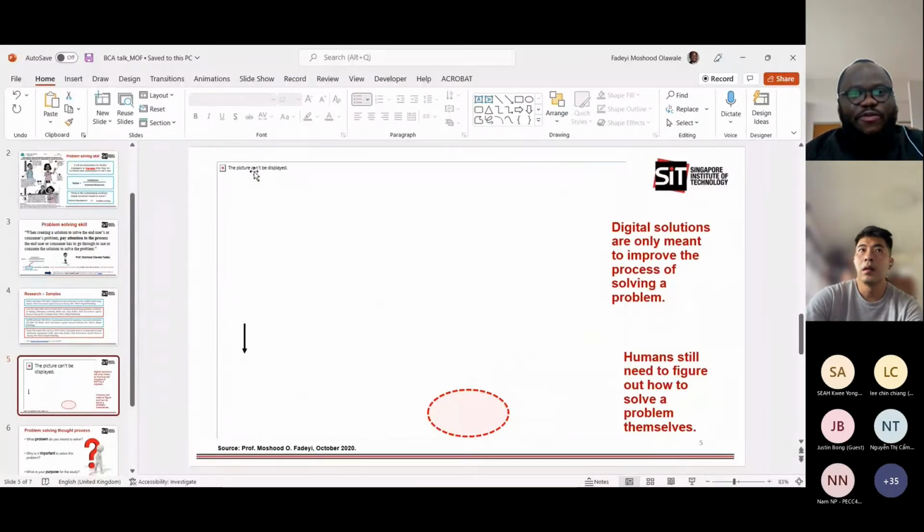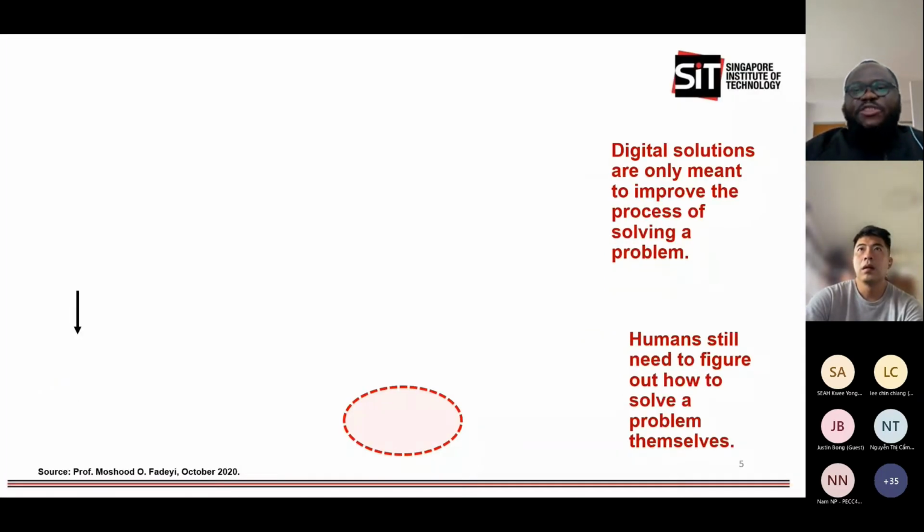There was supposed to be a photo here, but never mind. But you can look at the concept here. This one shows that digital solutions are only meant to improve the process of solving a problem. However, human beings still need to figure out how to solve the problem themselves. Okay, so in this place, I put a lot of concepts about the lean thinking process because I dive into a lot of lean thinking also.